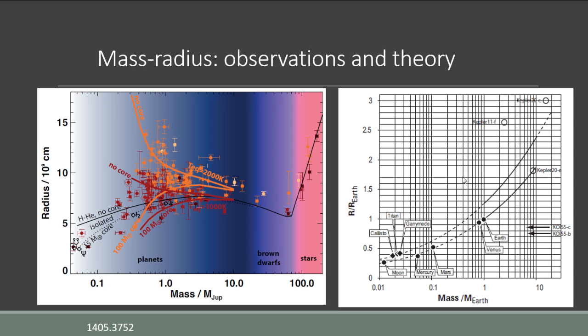We want these planets to be made in realistic protoplanetary disks. We observe them. We have direct information about many protoplanetary disks now. I'll show you later. And that's why we can have some educated guesses about composition and internal structure of many planets.